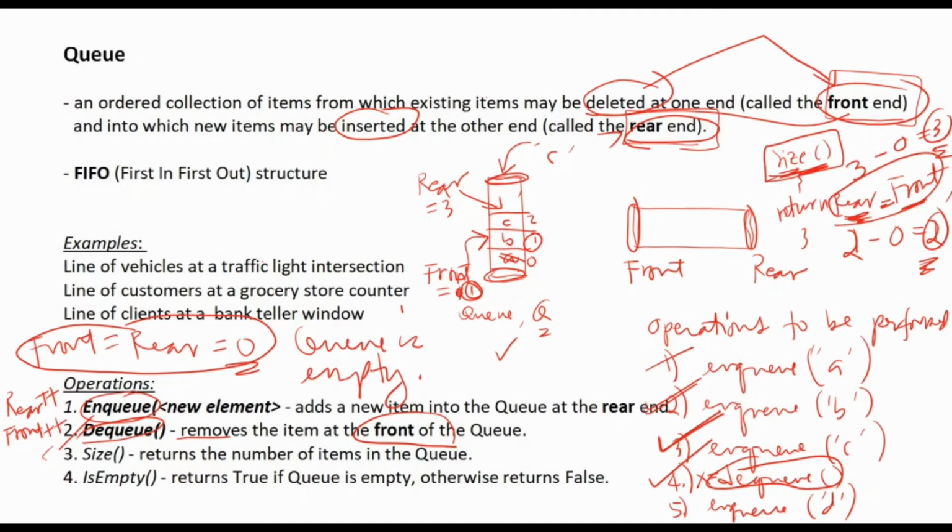So at this point, after we dequeue, if you call size, it would return the value of rear is 3 minus the value of front is 1. So 3 minus 1, that gives us what value? 2, right? Which means that after we dequeue, the fourth operation, there are now 2 elements left in the queue.